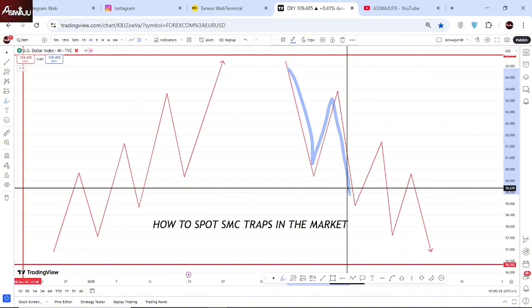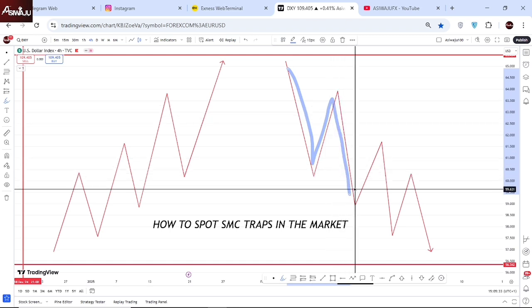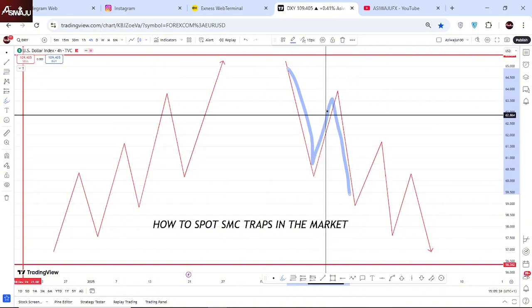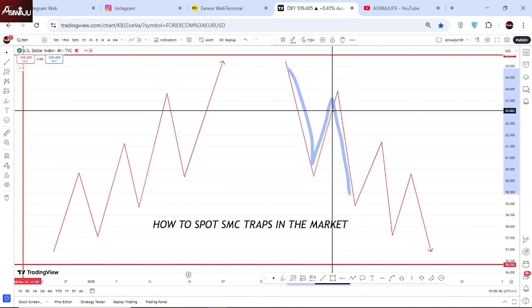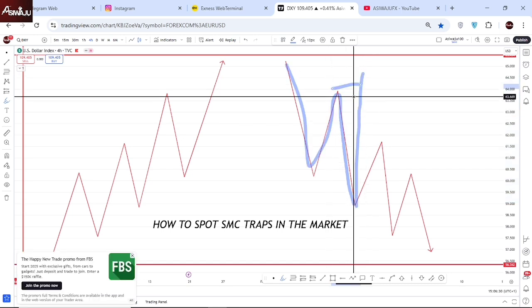Once they execute that trade, this is when the smart money are waiting for them in order to grab their liquidity, because they know that immediately they push price in a certain direction, the retail traders will jump in and start trading, and this is when they push price back to grab all the liquidity. This is what we call the liquidity grab. Why is it a liquidity grab?